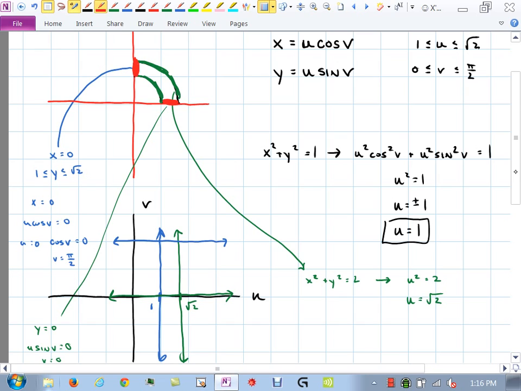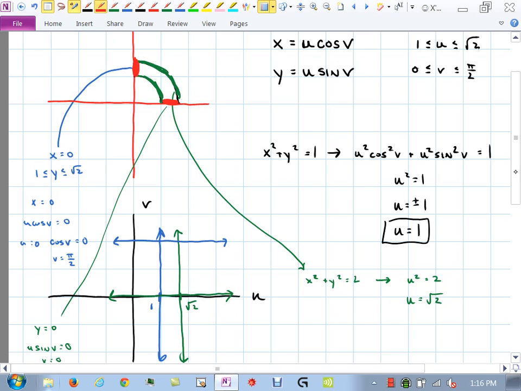What if u is 0? If u is 0, wouldn't x and y be 0? Right? And then I couldn't be up here, could I? So that can't happen. That means cosine of v has to be 0.